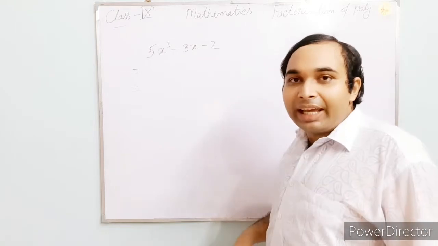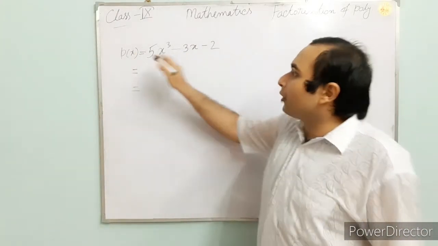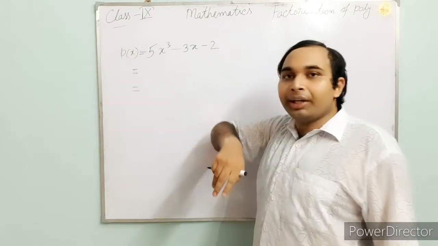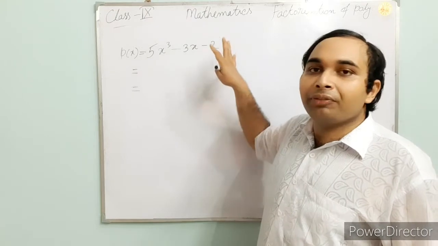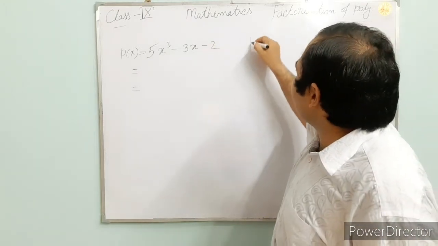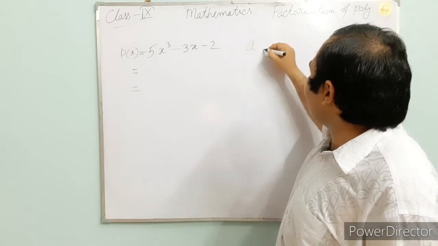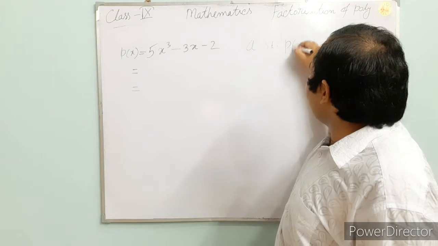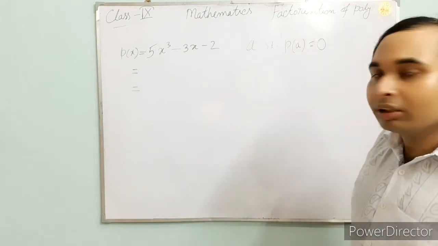If this is px, then we have to find one number such that the value of px will come 0. We have to find a number such that PA will be 0. This is the condition only.